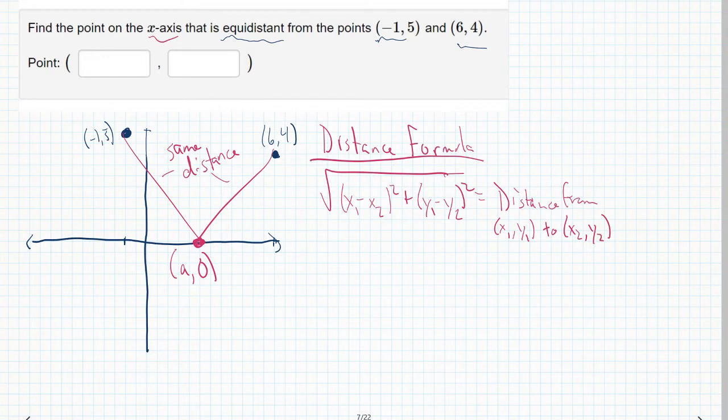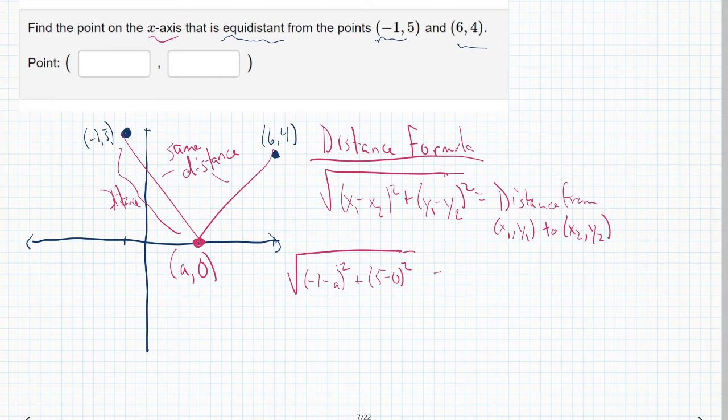Okay? So that's the formula we're going to want to work with. But now we have to see, okay, two parts are being equal. So this distance we can find, right? So we can go square root of, notice that goes -1 minus a, the quantity squared, and then plus 5 minus 0 squared.